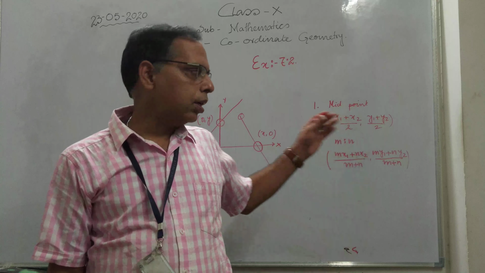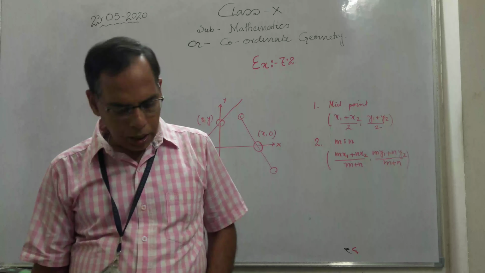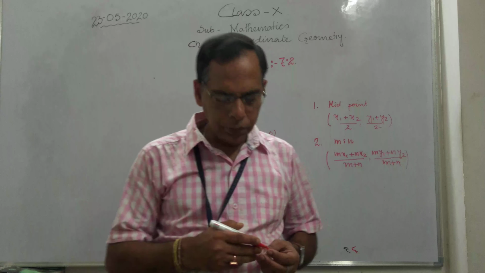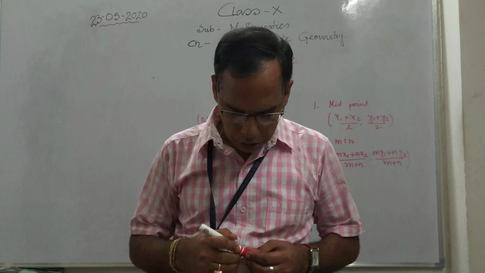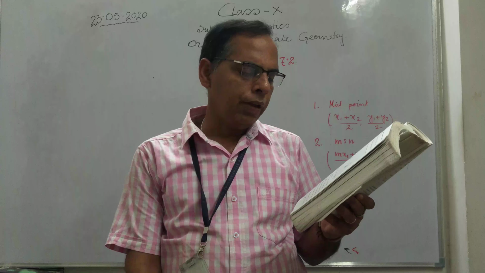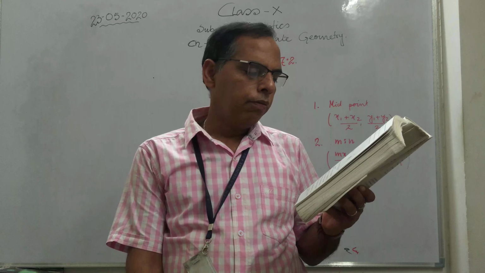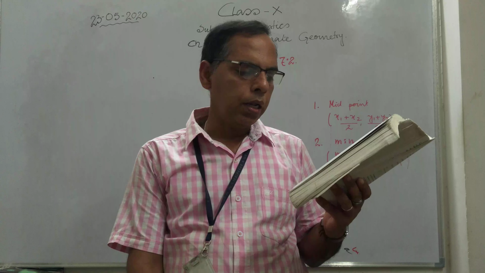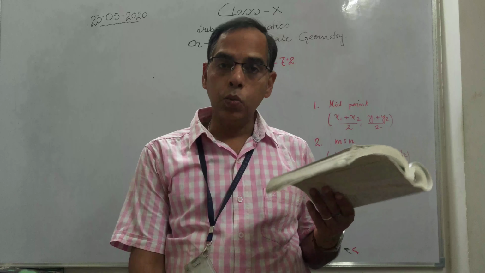Okay, so these are the things we got in our last class, and now let's see today's next question, question number 6. In question number 6, it is given that the vertices of a parallelogram are in order, find x and y.